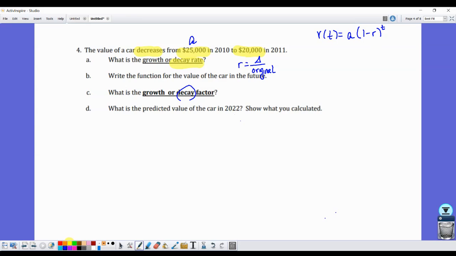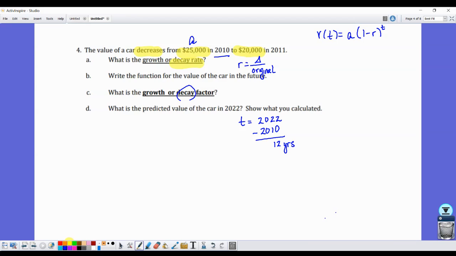So our time, 2022, and we're going to subtract our original starting time, which was 2010. How many years are we looking at? We're looking at 12 years.